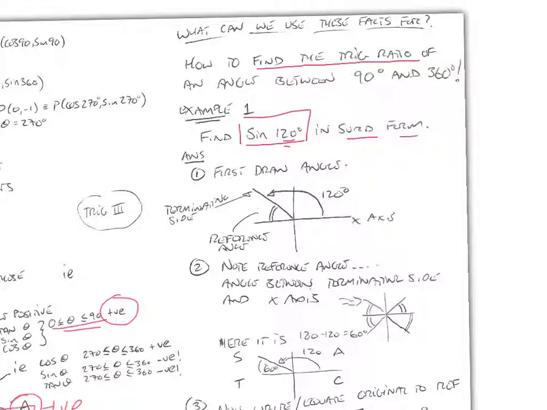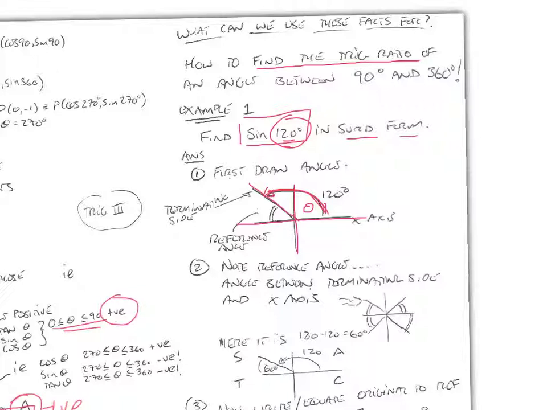The first thing is to actually draw the angle. So draw your x and y axis. Draw your theta, which is 120. That's known as the terminating side. So this angle is 120 degrees, and we can see what it looks like.